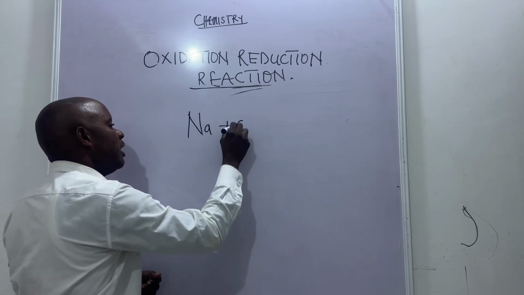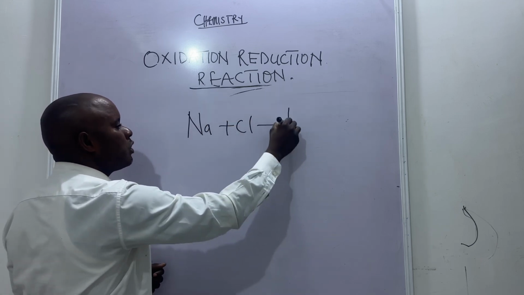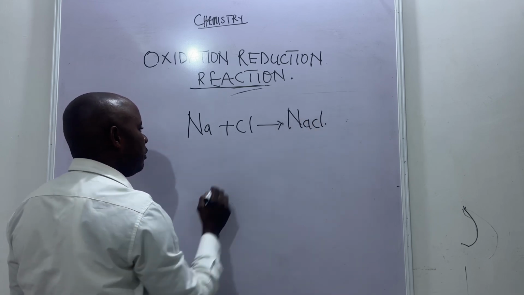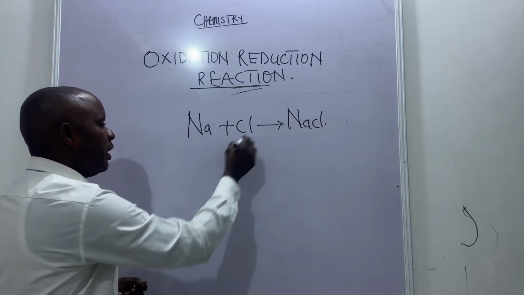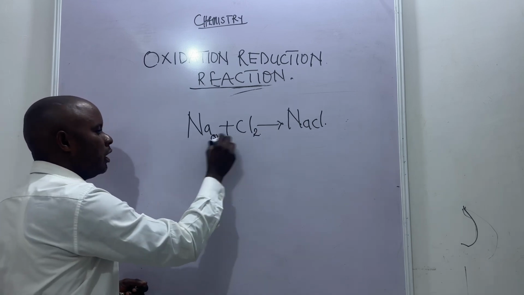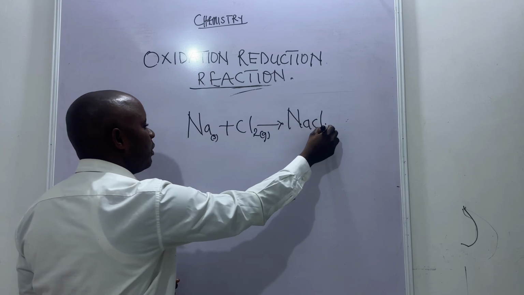understanding. So let's say we have chlorine to have sodium chloride. So if you should have an equation like this, like I've said before, let's place this aqueous.